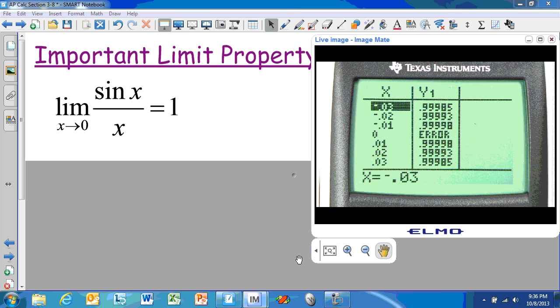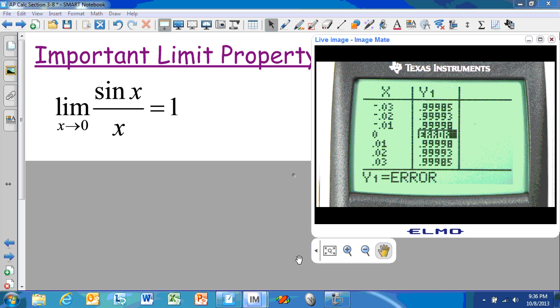I can see that we're at 0.99985, and then it's 93 as the last digits, and then 98, and so forth. So it looks like we're getting closer and closer to 1 from the left side. And you can see it's the exact same values from the right side. It looks like we're approaching a value of 1. Of course, we're undefined at 0 because you'd be dividing by 0 there when x is 0. But it appears as though the limit is 1 then.